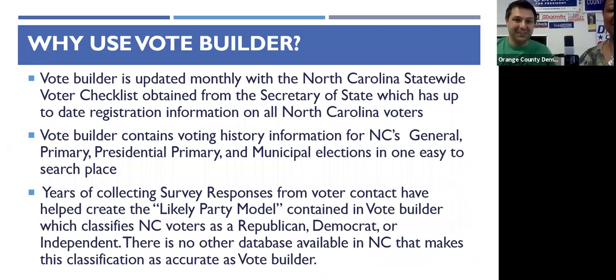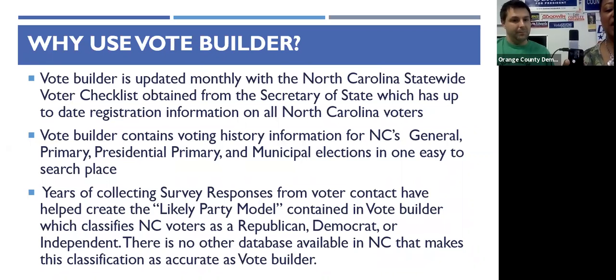So Votebuilder is updated monthly with the North Carolina State voter checklist obtained from the Secretary of State, which has up-to-date registration information on all North Carolina voters. Votebuilder contains voting history information from North Carolina general, primary, presidential primaries, and municipal elections in one easy to search place.